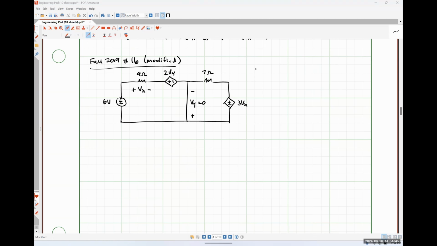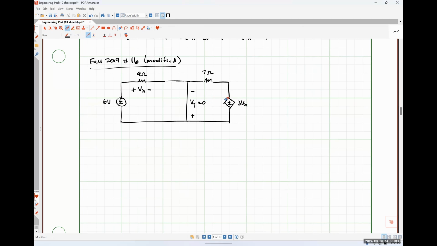Okay, since the voltage Vy is definitely 0 because it is the voltage drop across a short circuit, our dependent source 2Vy is providing exactly 0 volts. So we can replace this 2Vy voltage source with a short circuit without losing any information whatsoever.